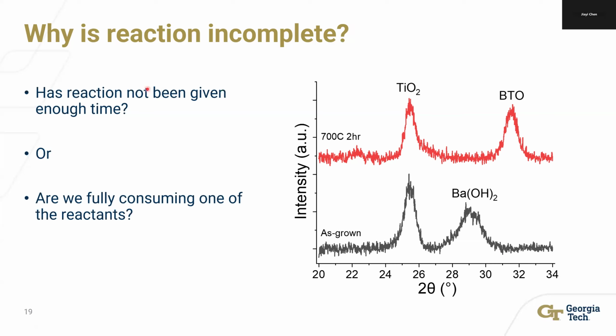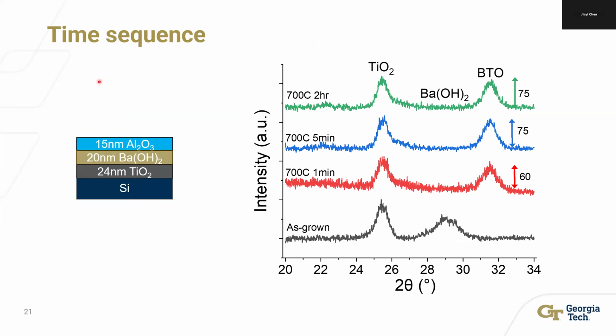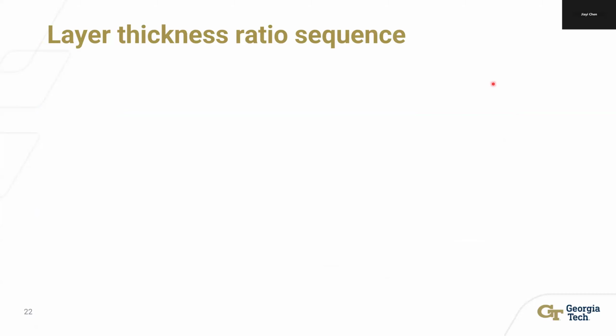To verify our first hypothesis, the time hypothesis, we designed this time sequence where we take this structure and anneal it at different times: 1 minute, 5 minutes, and 2 hours. We see that the reaction is already almost complete after 5 minutes, because there is almost no difference between 5 minutes and 2 hours. So we think it is another reason, like the reactant ratio.